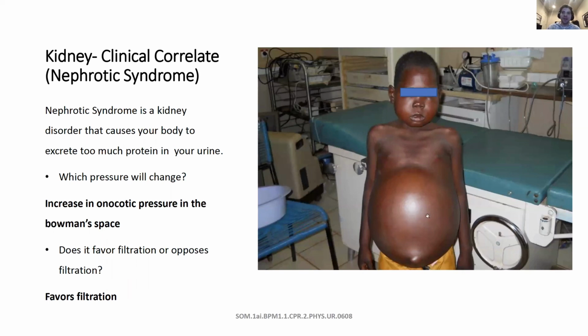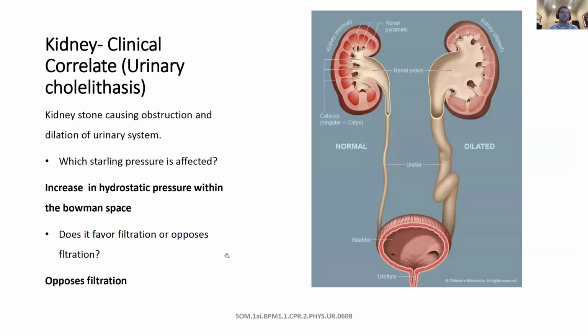That's why he's got this edema, because he is releasing a lot of protein into his urine. You're not supposed to filter protein into the urinary system, so the downstream effects of this are going to be significant.